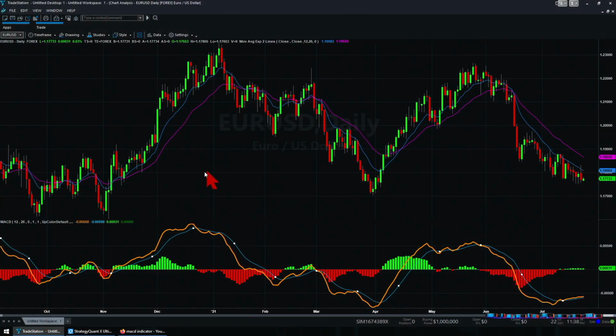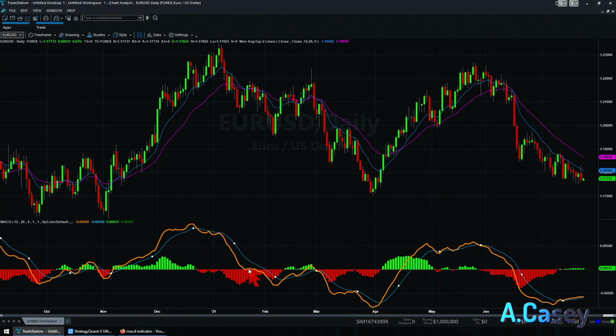So MACD shows you different readings. Basically, when you put it on an instrument, it tells you if the instrument is in bullish phase or bearish phase. It also gives you a measure of momentum, that is, how fast it's going up or down. Also, it gives you a signal, which is when the switches between bearish and bullish happen. And usually the way MACD is used is when the MACD crosses below the signal line, that's a bearish sign.